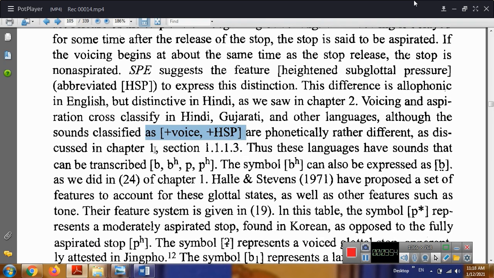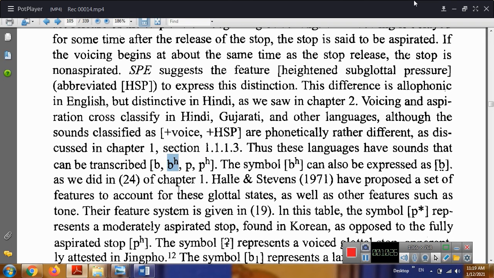These are phonetically rather different, as discussed in chapter 1. Thus, these languages have sounds that can be transcribed by b, the unaspirated form of b, and the aspirated form of b in Hindi, p and p. They are different from each other because we have two sounds which are the same, but one has the unaspirated form of b and another has the aspirated form of b.